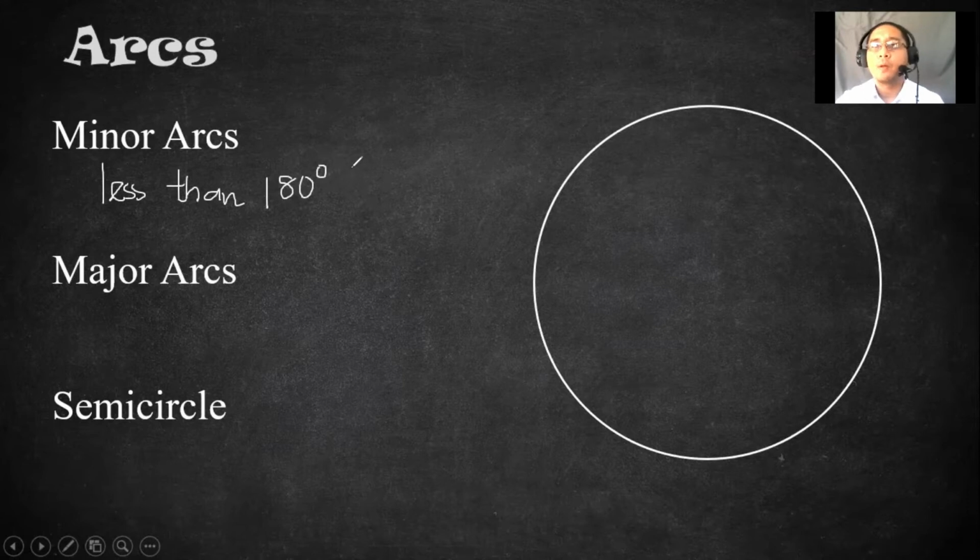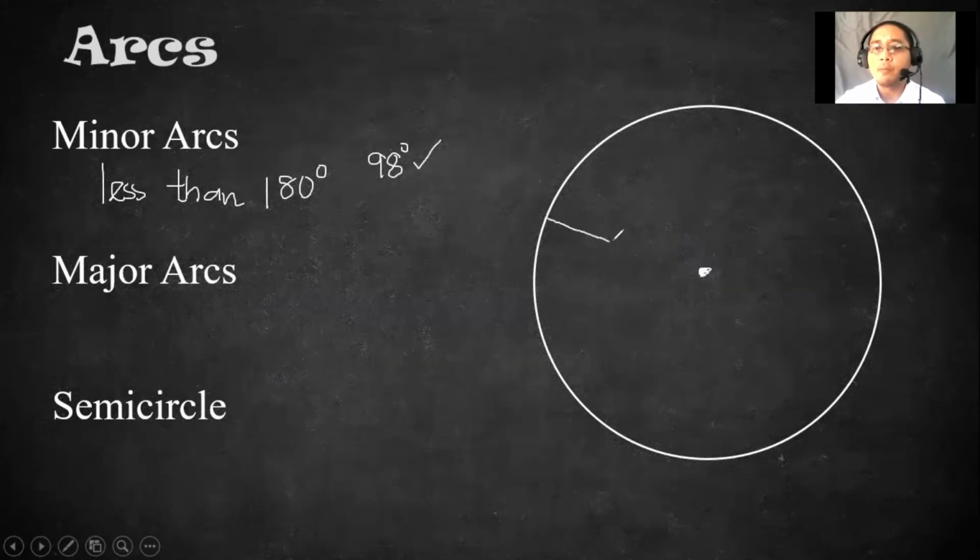Example, if we have 98 degrees as the measurement of our arc, direct to the point, that measurement of arc is a minor arc. Let's use the illustration here to represent a minor arc.